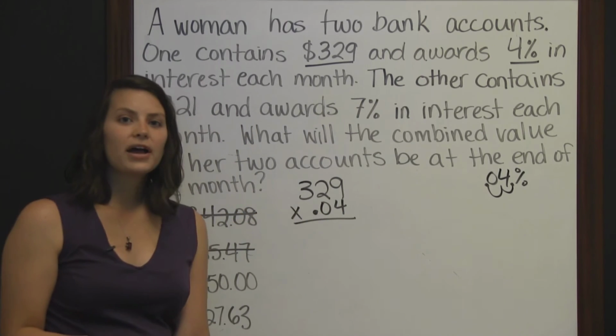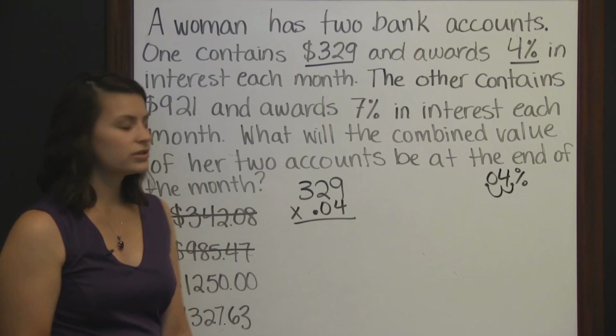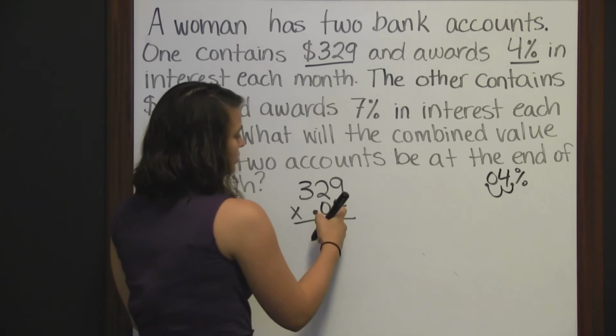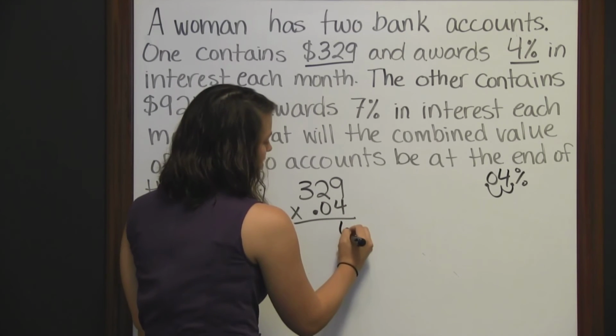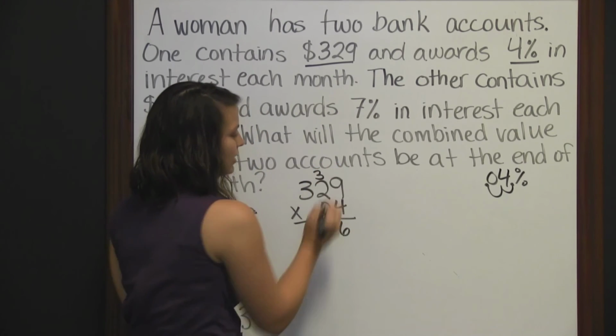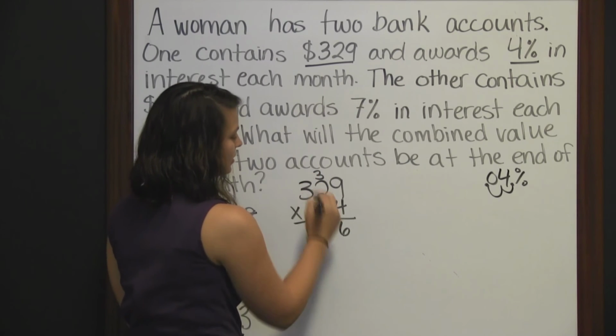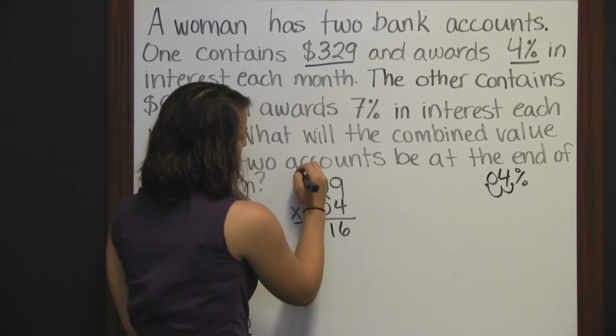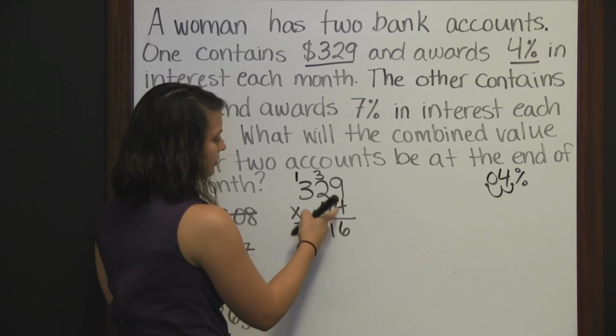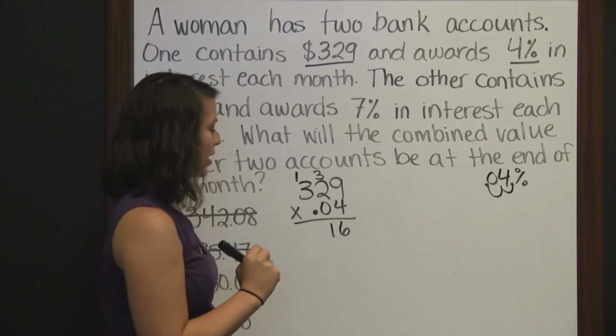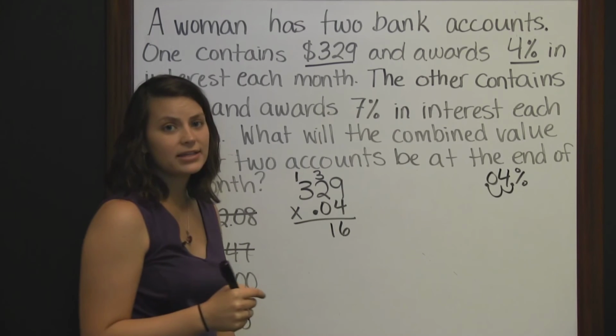And again, this is to find how much interest was earned in this account. So 4 times 9 is 36, write the 6 and carry the 3. 4 times 2 is 8, plus 3 is 11, write the 1 and carry the other. 4 times 3 is 12, and 12 plus 1 is 13.